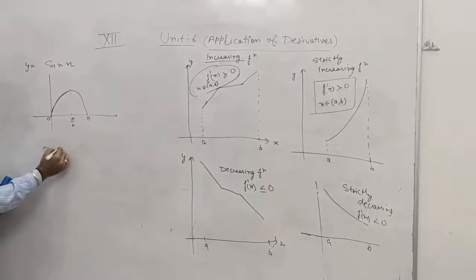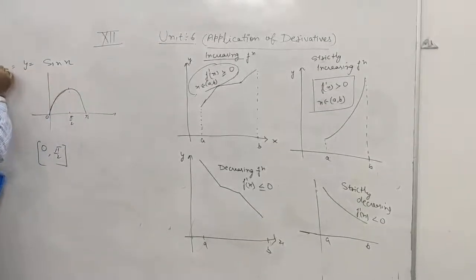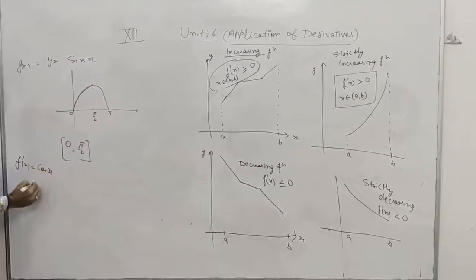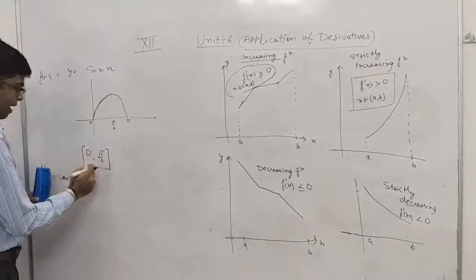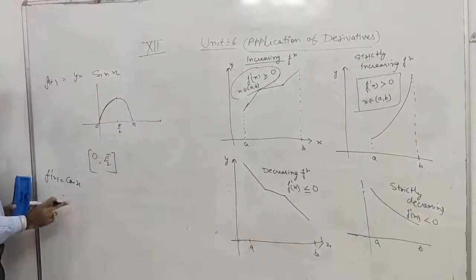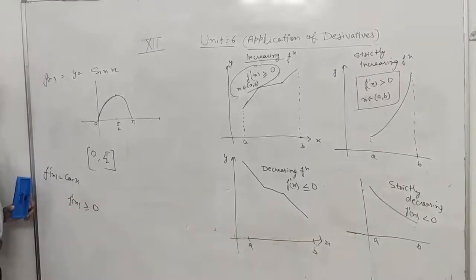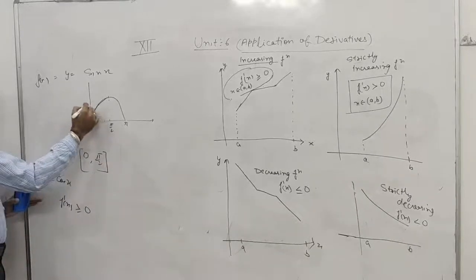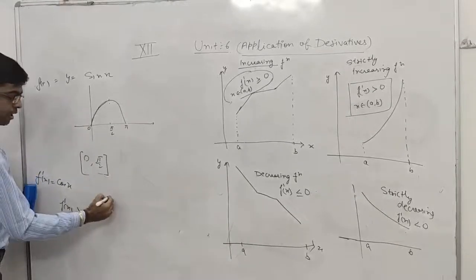If we are taking the closed interval 0 to pi by 2, and this is f x function sin x, and the derivative of this f dash x is positive because cos pi by 2 is 0. ये वैल्यू पॉजिटिव रहेगी.